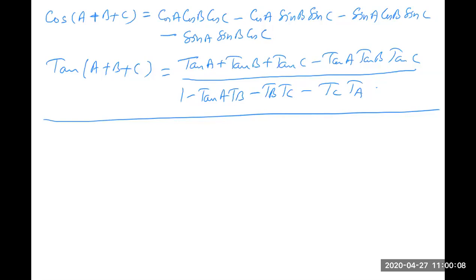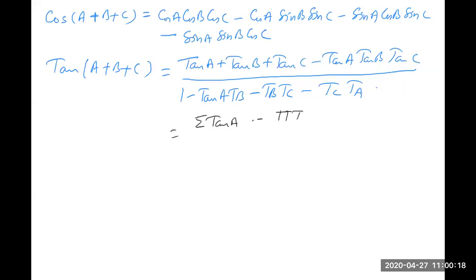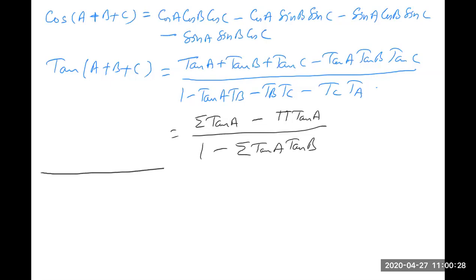First, this can be written in the form of summation of tan A minus product of tan A, upon 1 minus summation of tan A tan B. Now I'm explaining what is the meaning of these signs. Pi type sign is used.